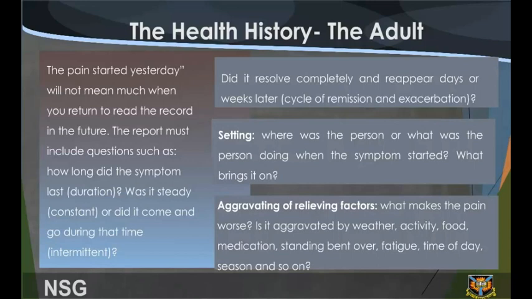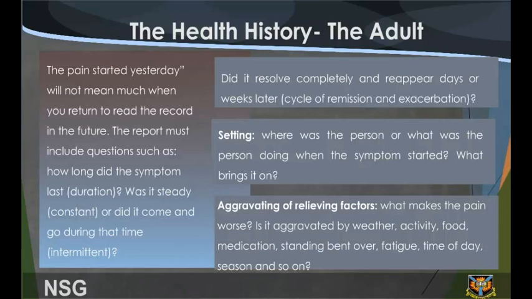The report must include questions such as how long did the symptoms last? Duration. Was it steady, constant, or did it come and go during that time? Intermittent. Did it resolve completely and reappear days or weeks later? Cycle of remission and exacerbation.